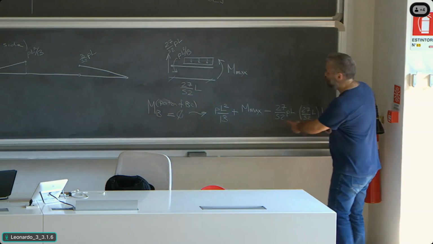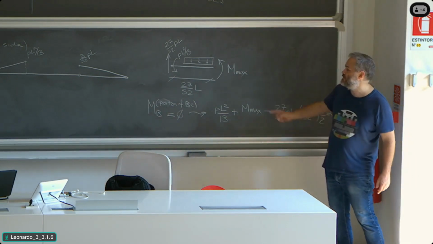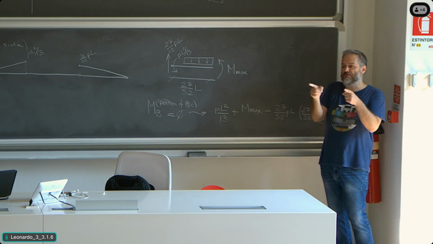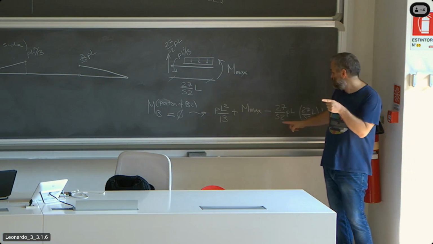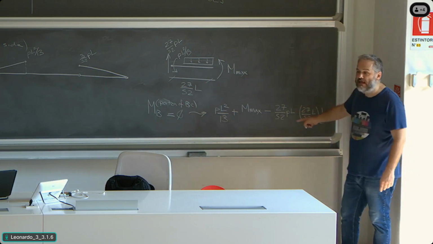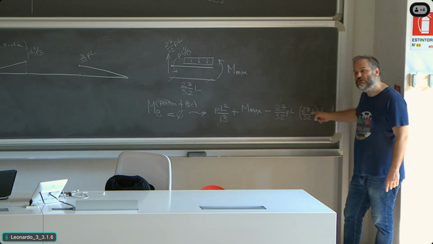This term, which may seem complicated, is simply the fact that here you have a portion which is 27 over 52, so the load is 27 over 52 PL, and the lever arm is the same length, 27 over 52, divided by 2.